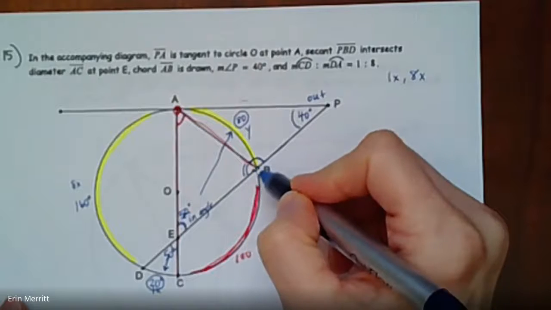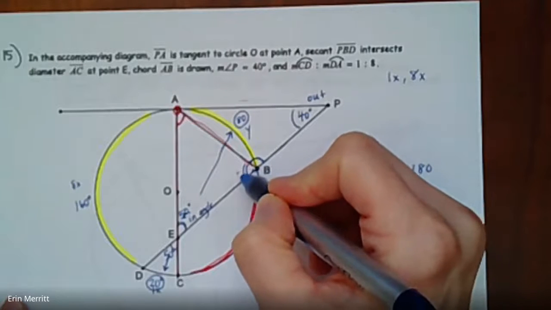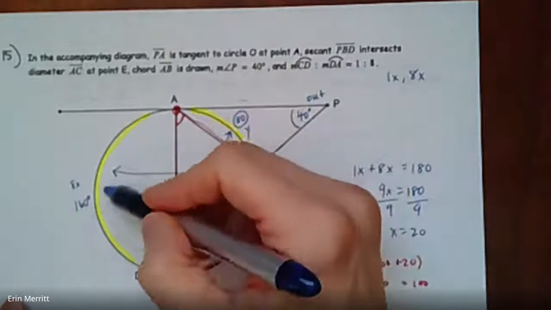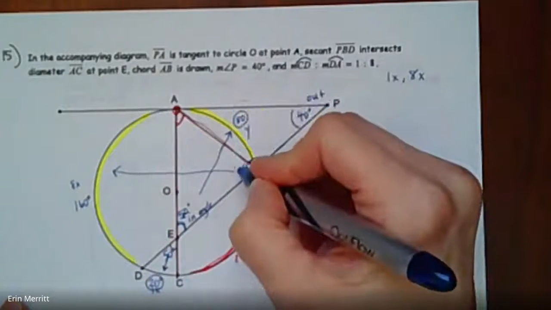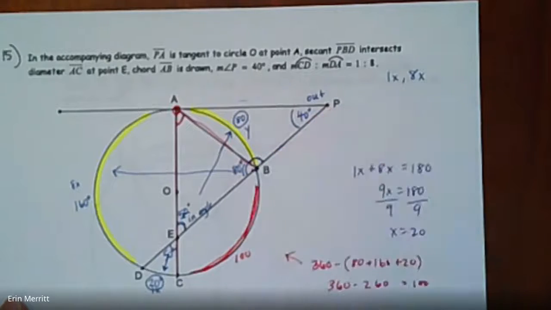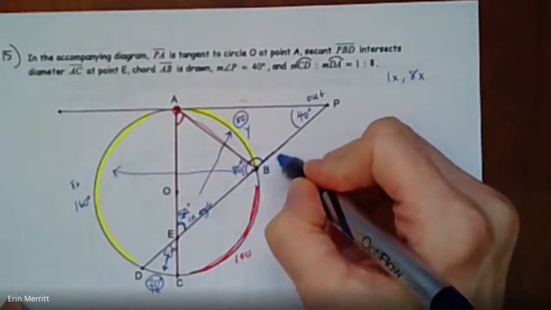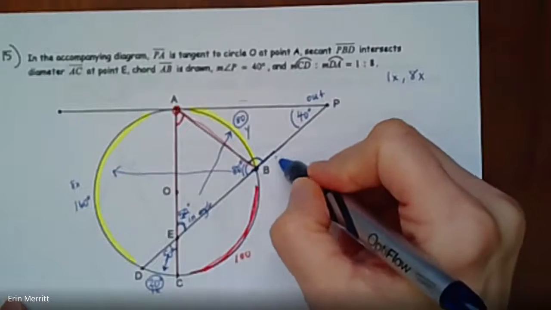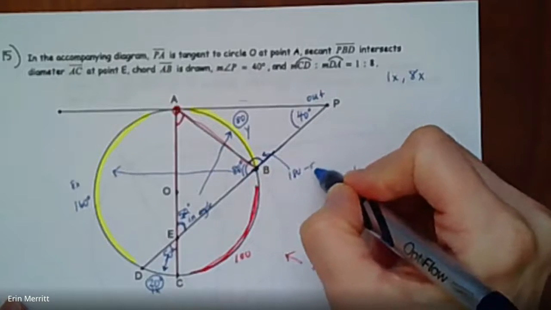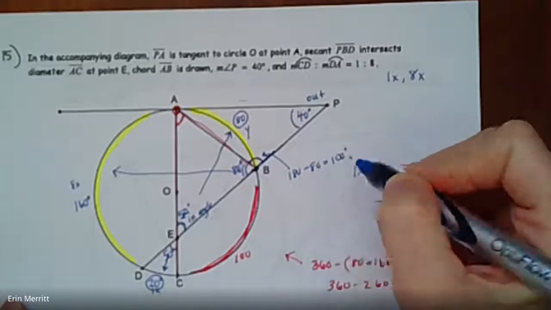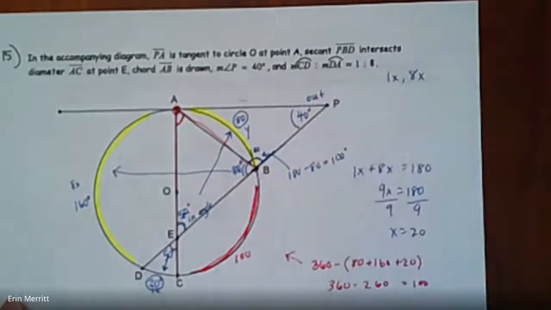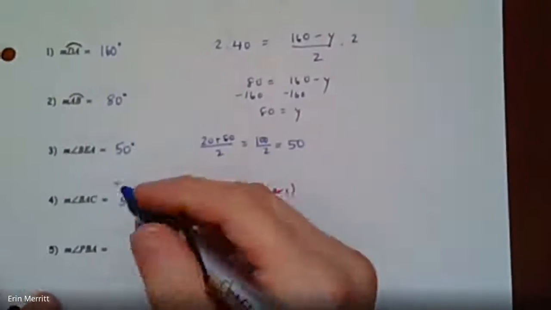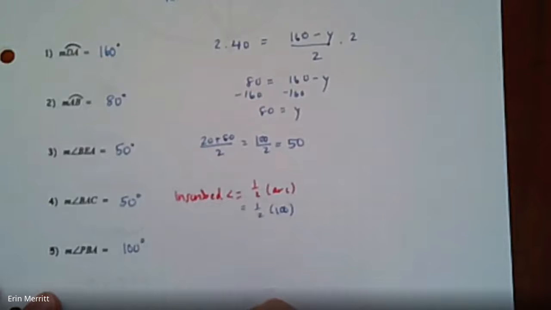This guy right here is an inscribed angle that opens up to that big yellow arc over there. So if this arc is 160, this angle has to be half of that, or 80. These 2 form a straight line together. So if this is 80, I can subtract from 180, and that has to be a 100-degree angle. So lots of ways to get there, but the cool thing is it should all match up no matter what.